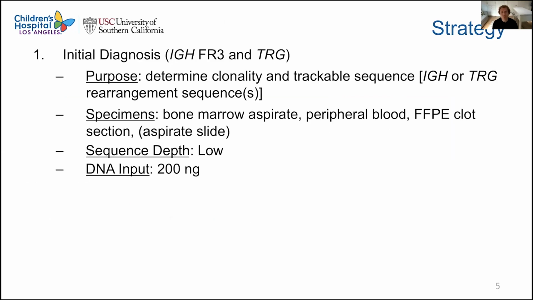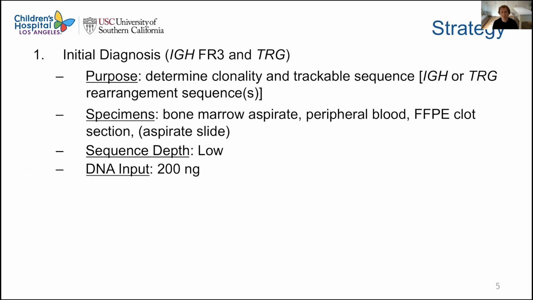So the strategy has two parts to it. There is the first part of determining the clonality and trackable sequences at the time of diagnosis. So what we do for that is we sequence the specimen with the IGH Framework 3 and the TRG kits.